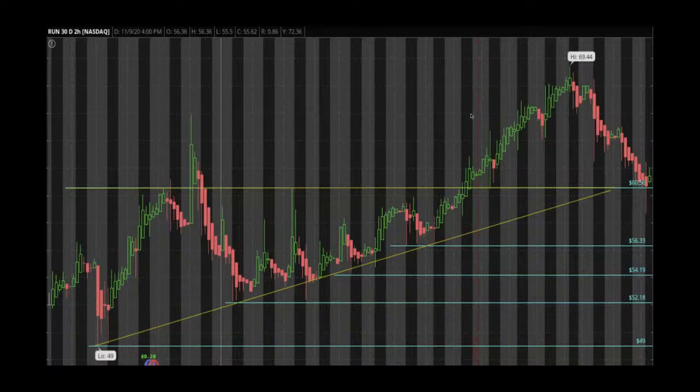So that's our ascending triangle. Also, before I forget, there's also the descending triangle, which is the same concept, but instead of looking towards the uptrend, it's going to be towards the downtrend. So instead of forming higher lows, you're going to form lower highs, and it's going to break support for the continuation of a downtrend.